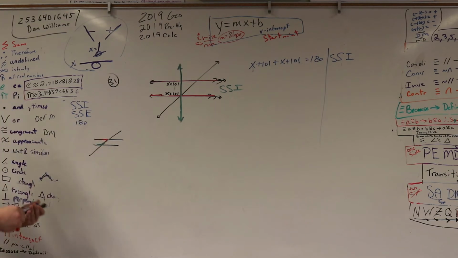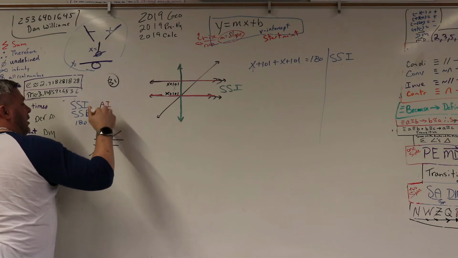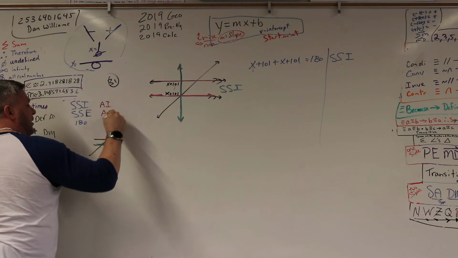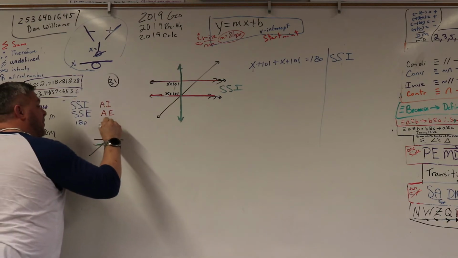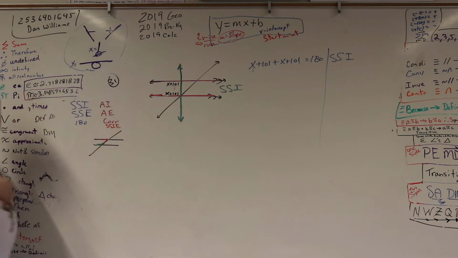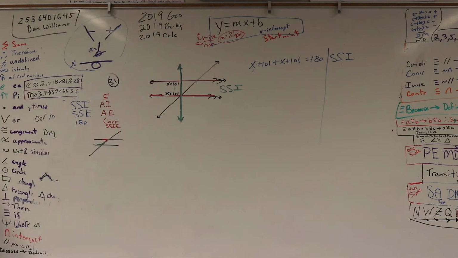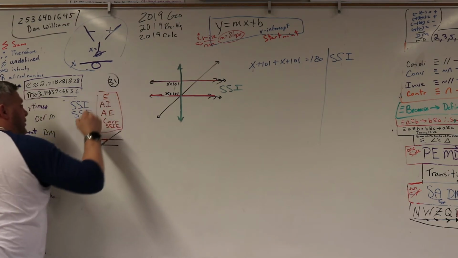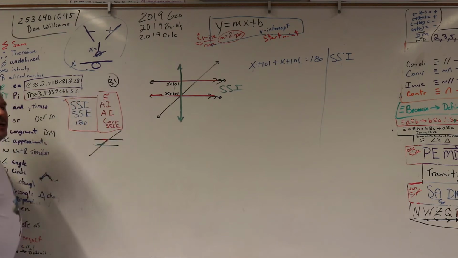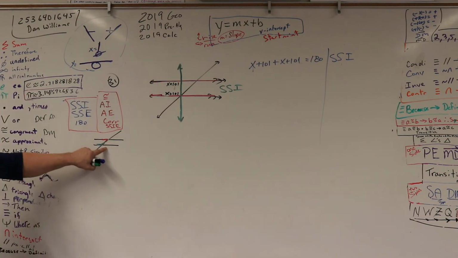And then we have alternate interior, alternate exterior, and then the hard one, corresponding, which is really same side interior-exterior. And so those are all congruent. So these are congruent, these are 180. I know this must be 180. This is another way to get me to remember it, okay?